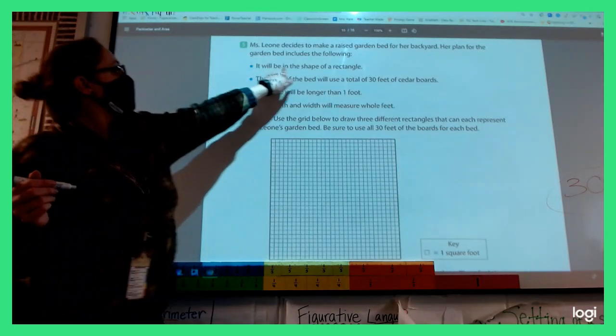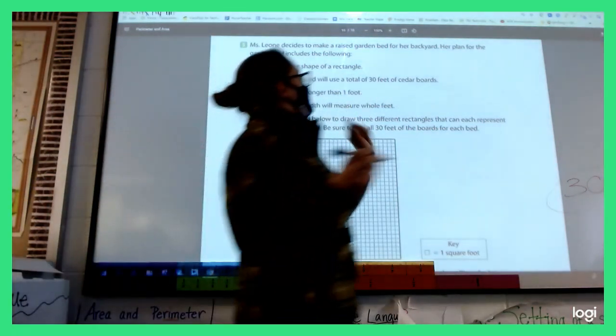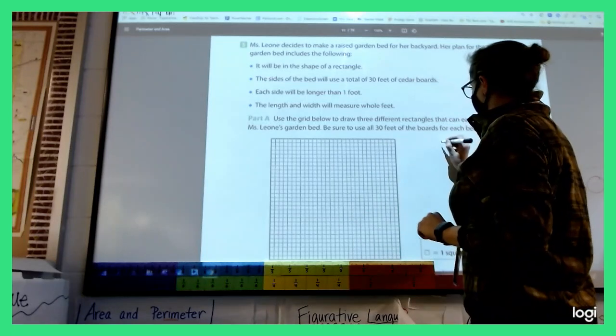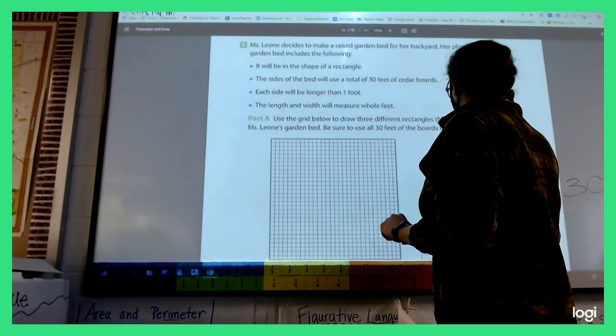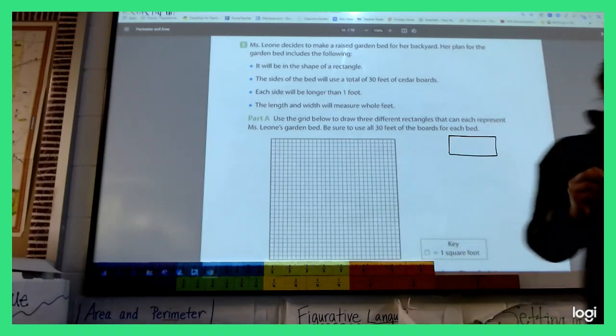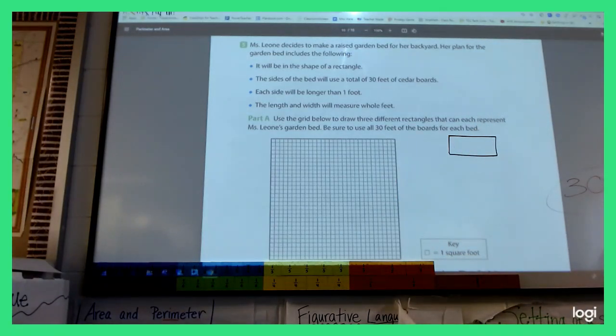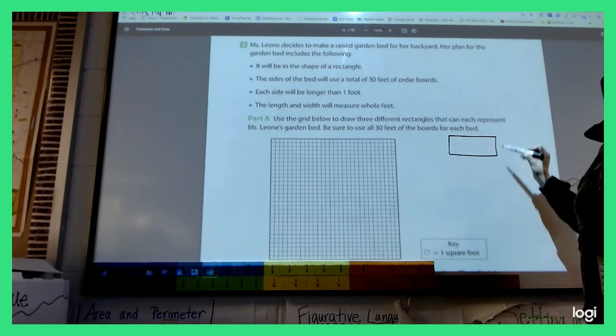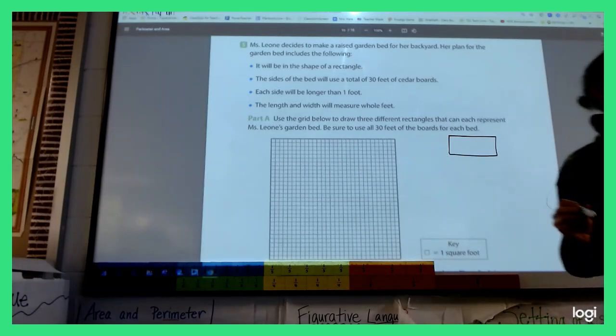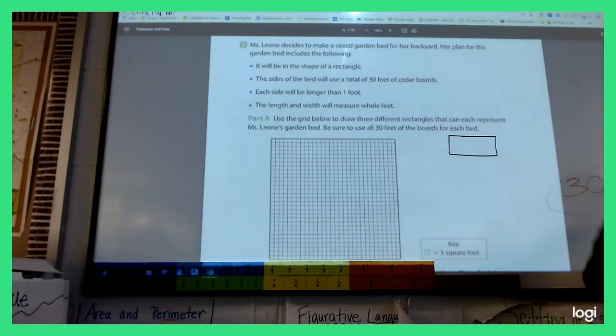All right, now Hayden's right. It'll be in the shape of a rectangle. So I'm going to go ahead and just start drawing some notes, okay? So I know it's going to be a rectangle. Has to be. All right. The sides of the bed, okay, so if I go all the way around the outside edges, we use a total of 30 feet. What does that mean? We know what going around the outside edge means.